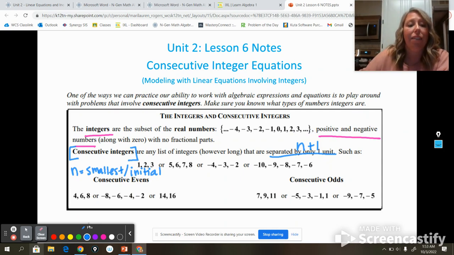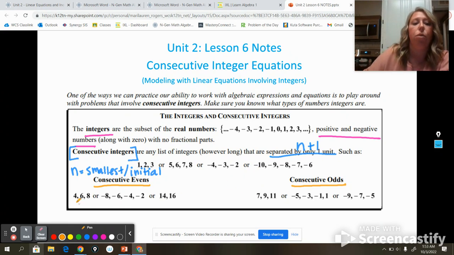Then we have consecutive evens and consecutive odds. While those are two different patterns, they do follow the same rule. So consecutive evens, obviously that's going to be your even numbers, 4, 6, 8, -8, -6, -4, and so on. Consecutive odds, that's going to be your odd numbers, 7, 9, 11. And as you can tell just by looking at the patterns, those are not separated by only one unit.